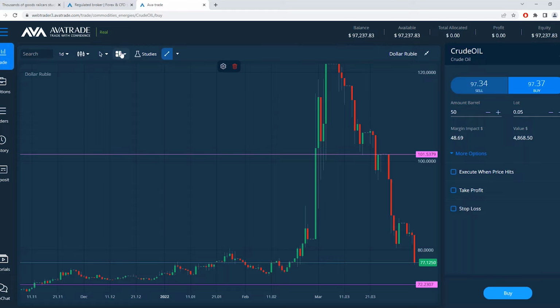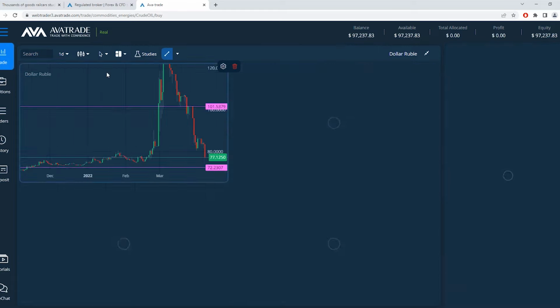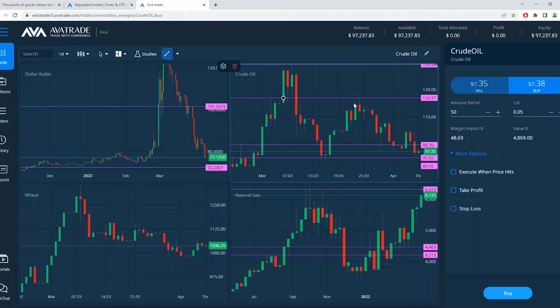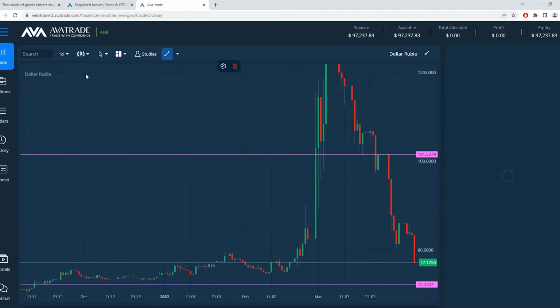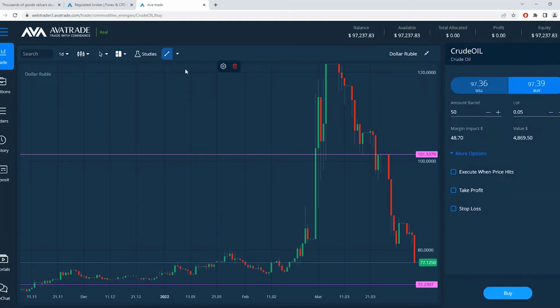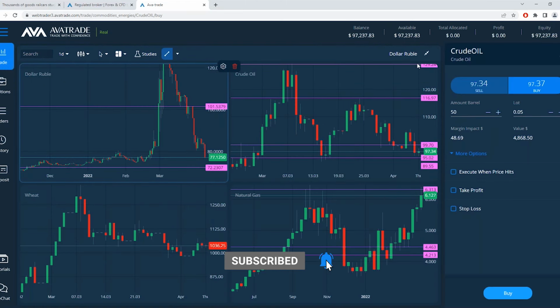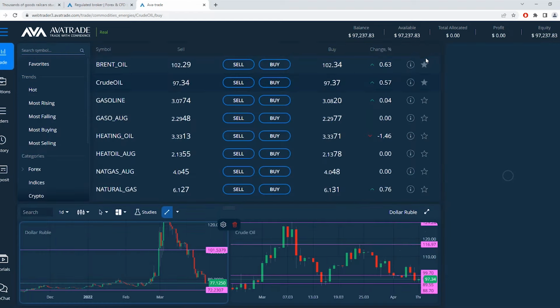Let's go back. Multi-view. Crude oil. Let's see if we can get that to show in the full view now. Okay, well, it's okay. We can see it from here regardless. Let's expand it.